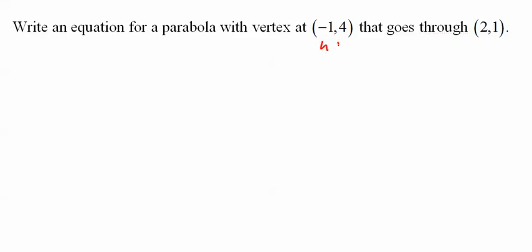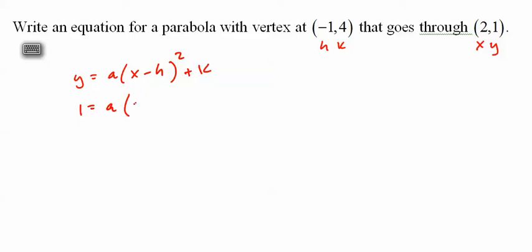Vertex h, k goes through a point x, y. y equals a(x minus h) squared plus k. I always forget my squared, watch out. 1 equals a(2 plus 1) squared plus 4. 1 equals 3 squared is 9a plus 4.